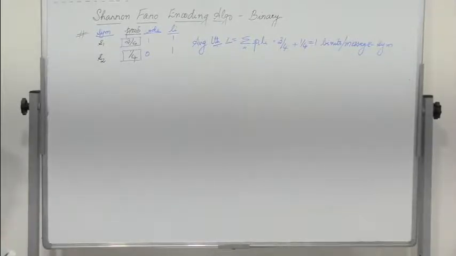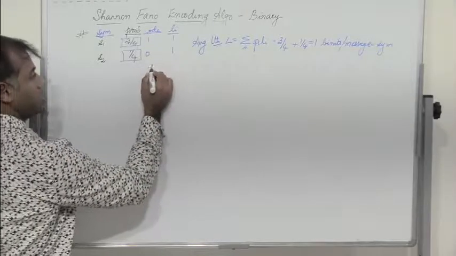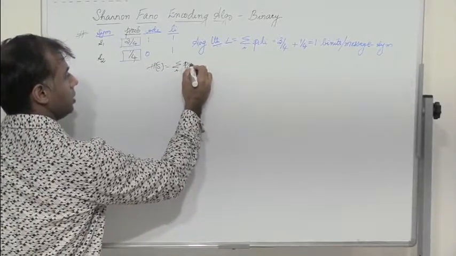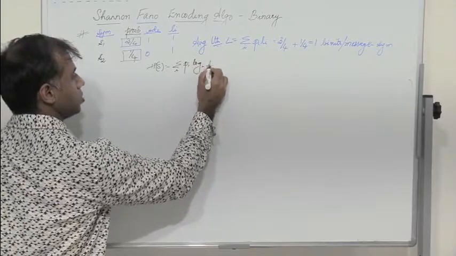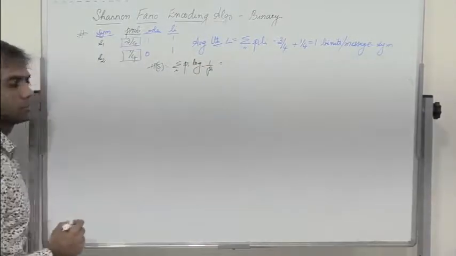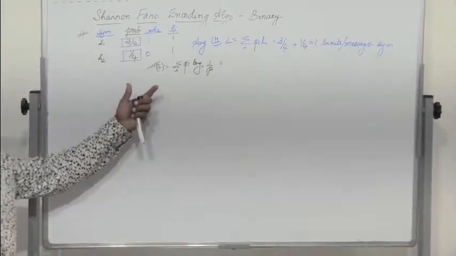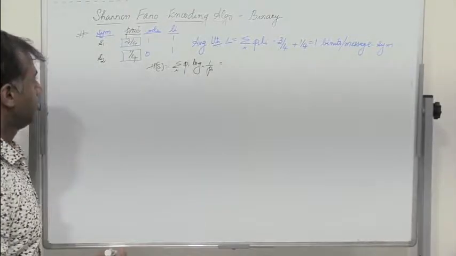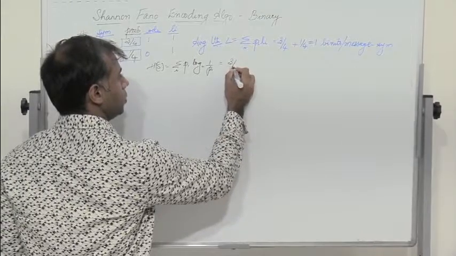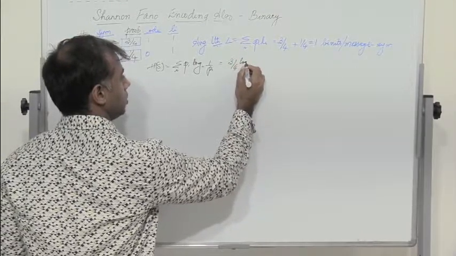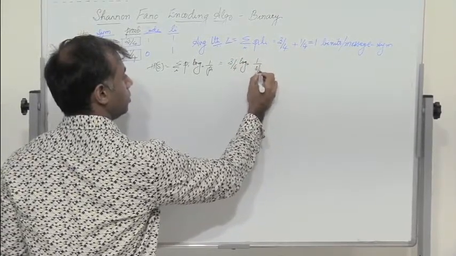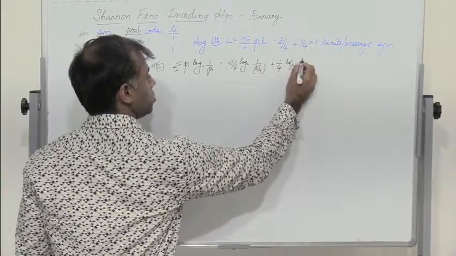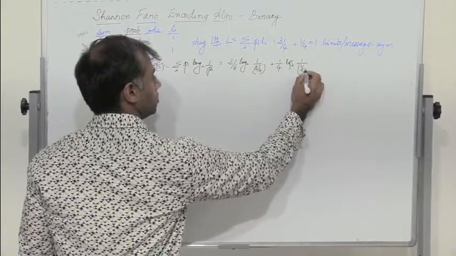So let's try to find the entropy. The entropy H of S is the summation over i of Pi log to base 2 of 1 by Pi. I've already explained how we need to find the log to base 2 value. So it is 3 by 4 log to base 2 of 1 by 3 by 4 plus 1 by 4 log to base 2 of 1 by 4.